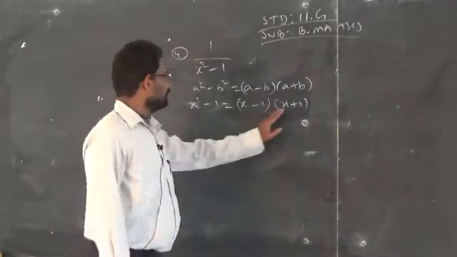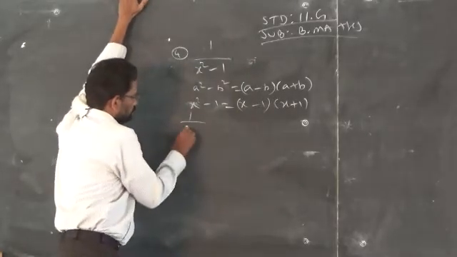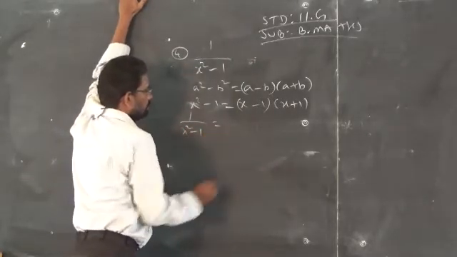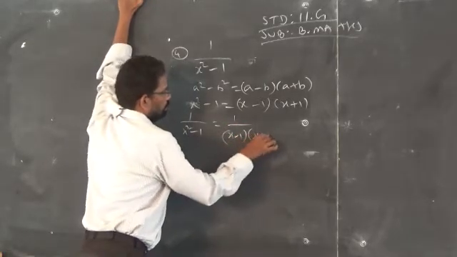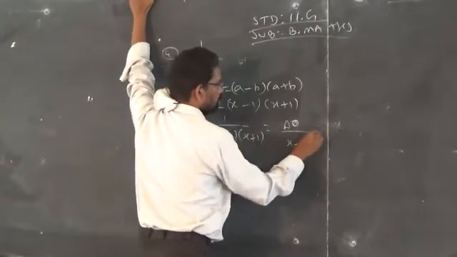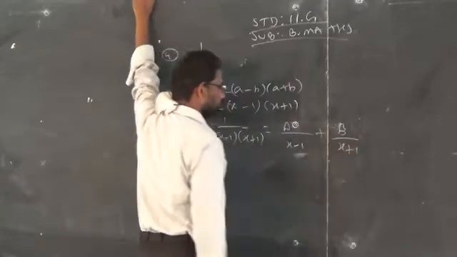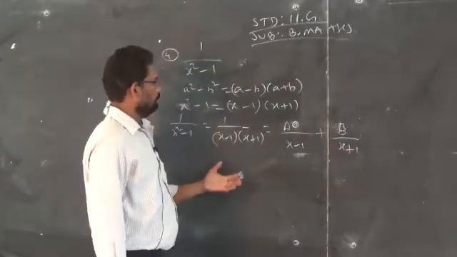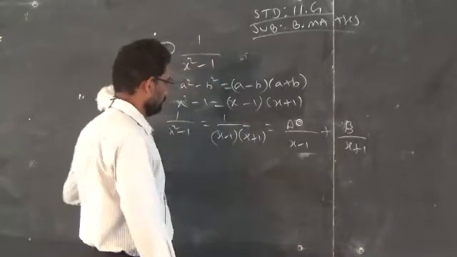So, now I express it as usual in partial fractions, that is 1 by x minus 1 x plus 1 is equal to a by x minus 1 plus b by x plus 1. I just apply the technique that we followed in the previous class.